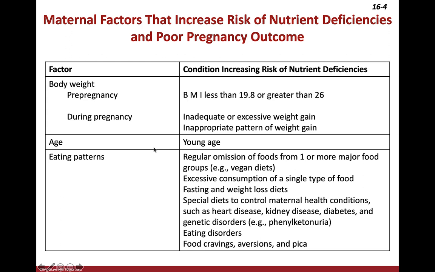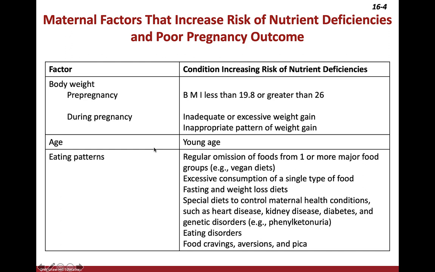If we look at eating patterns, so this is going to be important. If you have abnormal eating patterns or issues, that's definitely going to have an impact on nutrient deficiencies. Examples would be omission of foods from one or more major food groups, vegans in particular, that may potentially experience not getting enough of some of the B complex vitamins or protein.